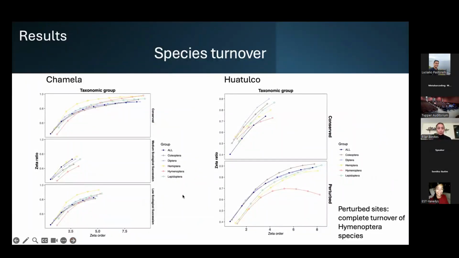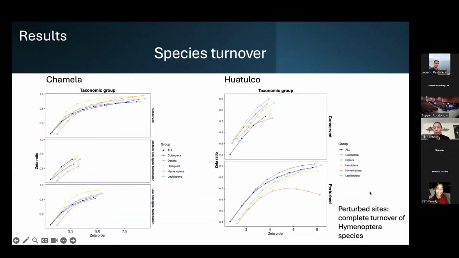So to look at species turnover within these ecological conditions, we separate the Chamela zeta ratio, this probability of retention, into these ecological conditions: conserved, medium ecological succession, and low ecological succession. And we see overall the same pattern as when we plotted them all together.